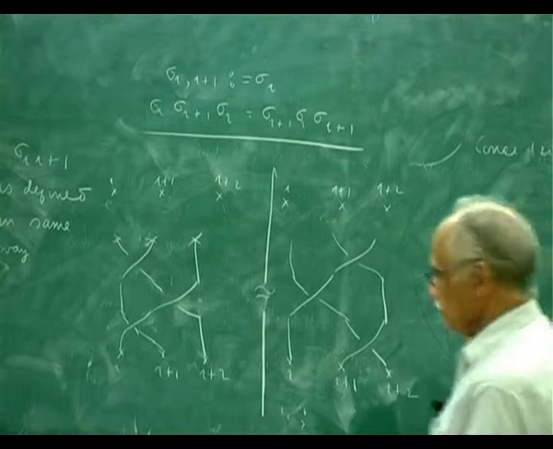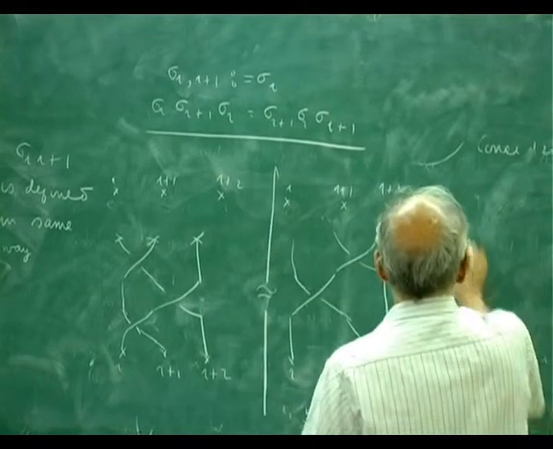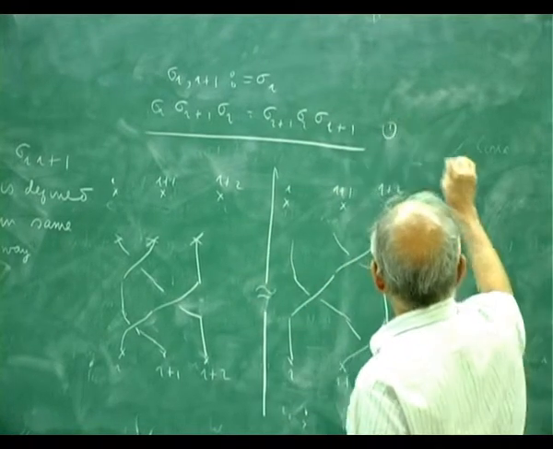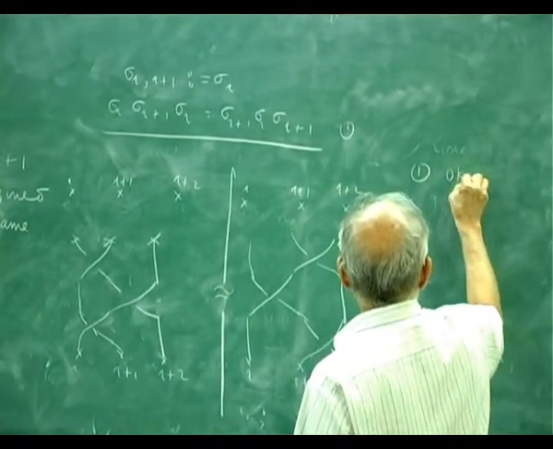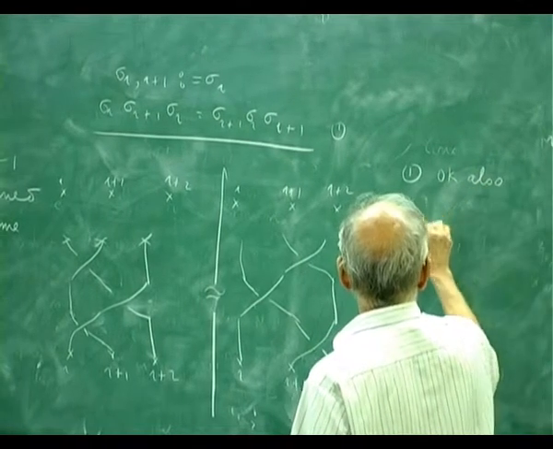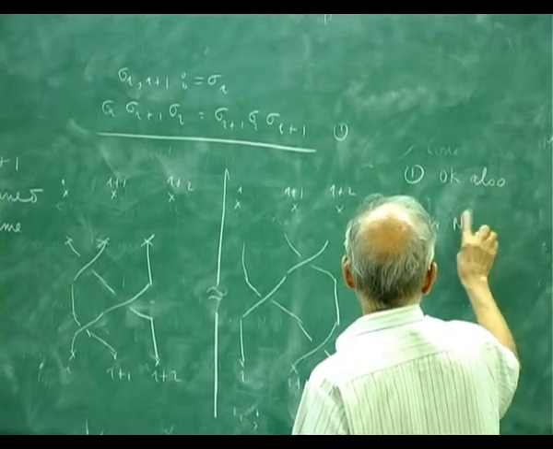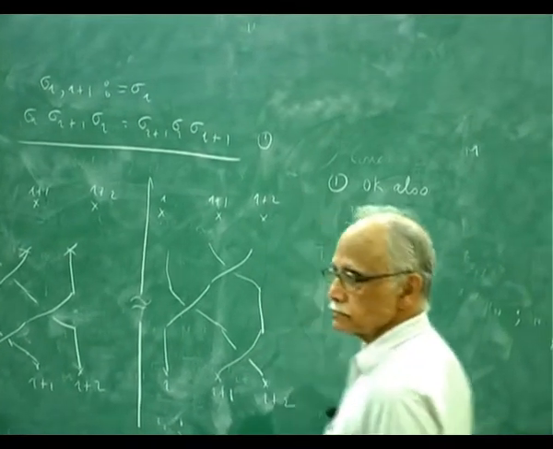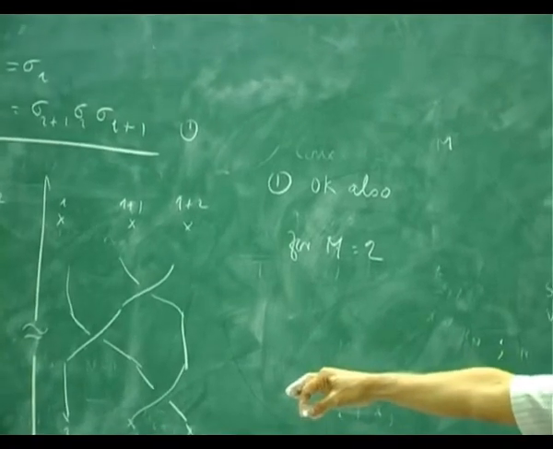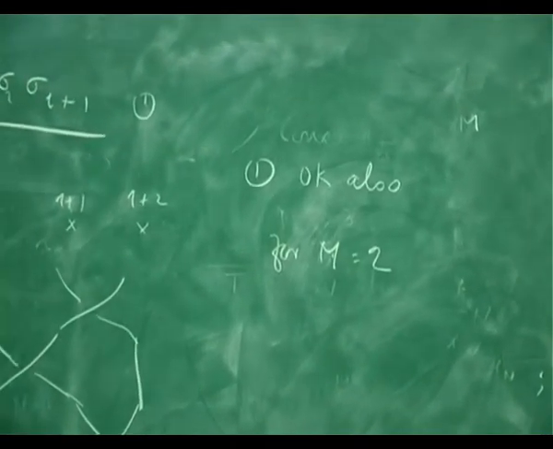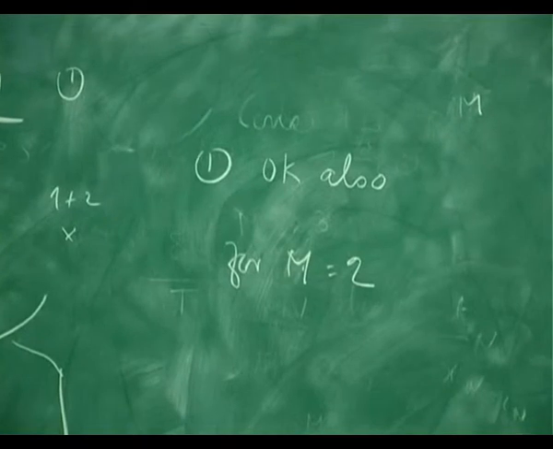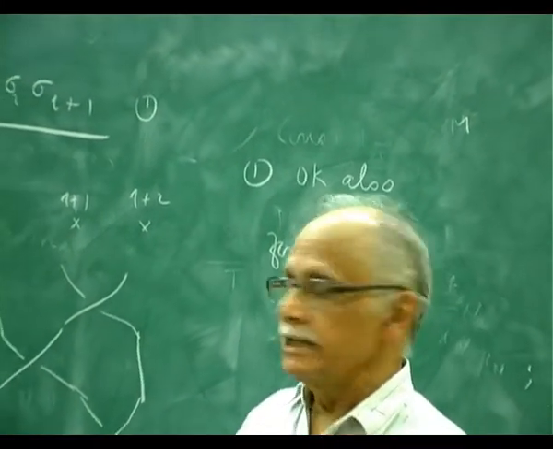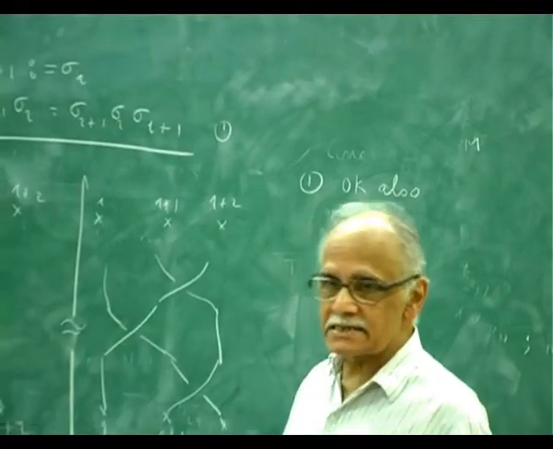Now one point to notice is this relation, also for n equal to m equal to 2. This calculation I did, this can be planes. So you notice immediately that what I have got here, if I now join the upstairs with the downstairs, what will I get?